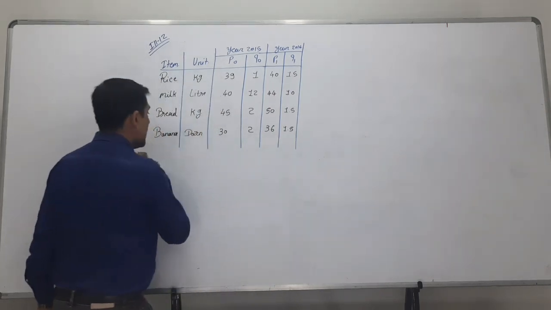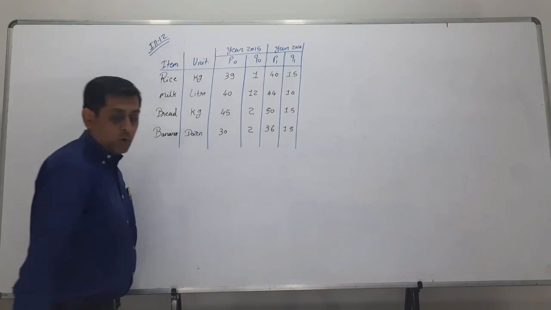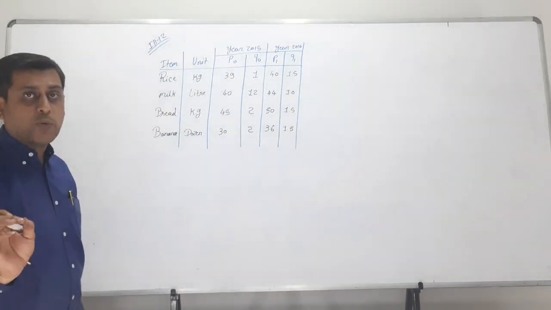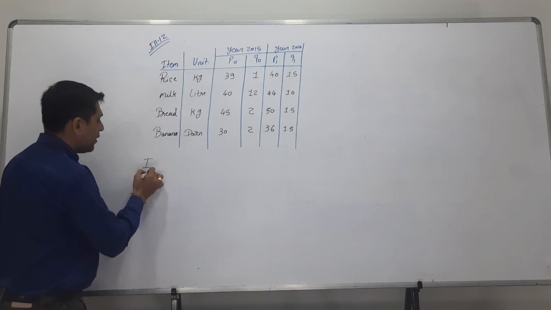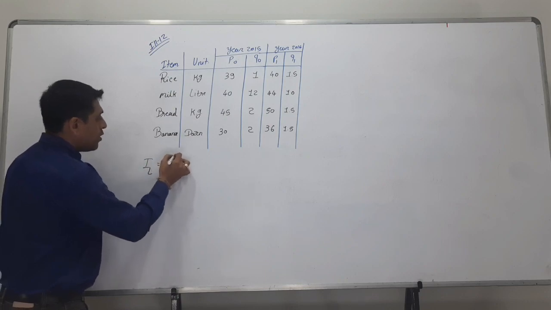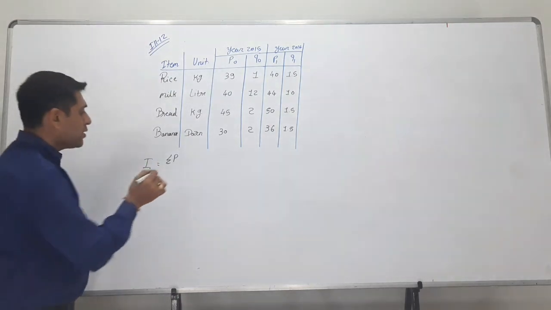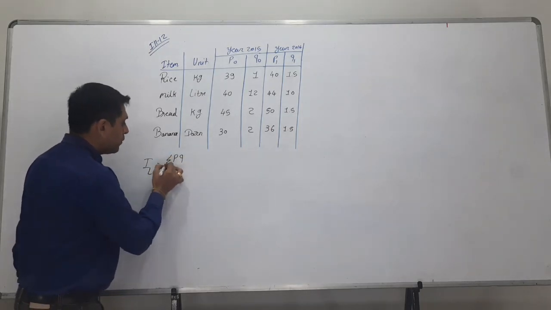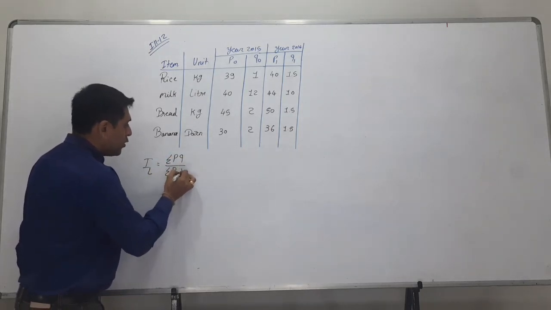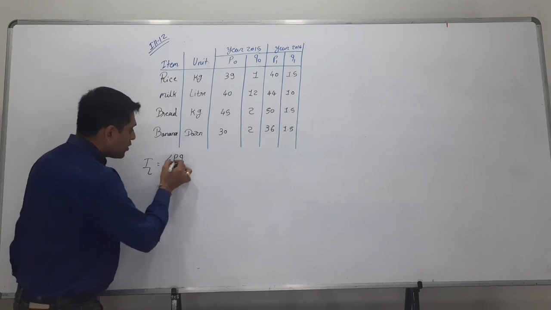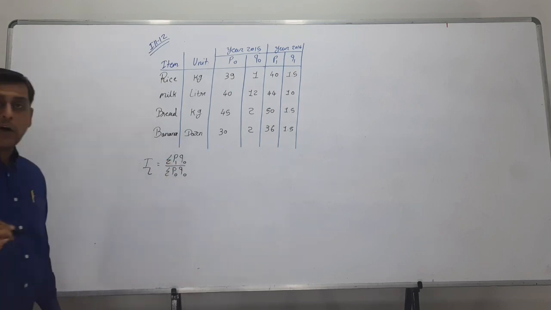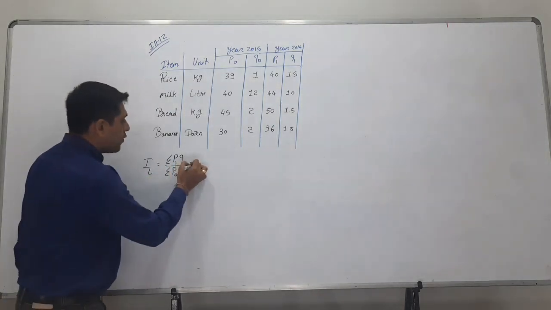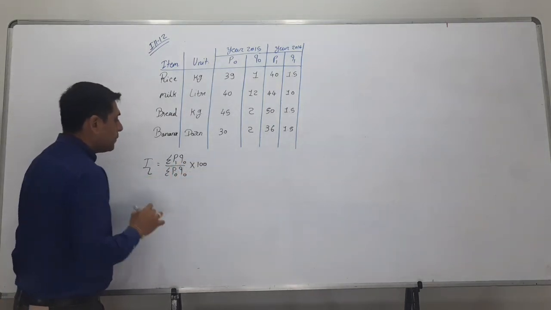Now they ask us to find out IL, IP as well as IF. So what is the formula for IL? Sigma P1 Q0 upon sigma P0 Q0, and here we have to multiply with 100.